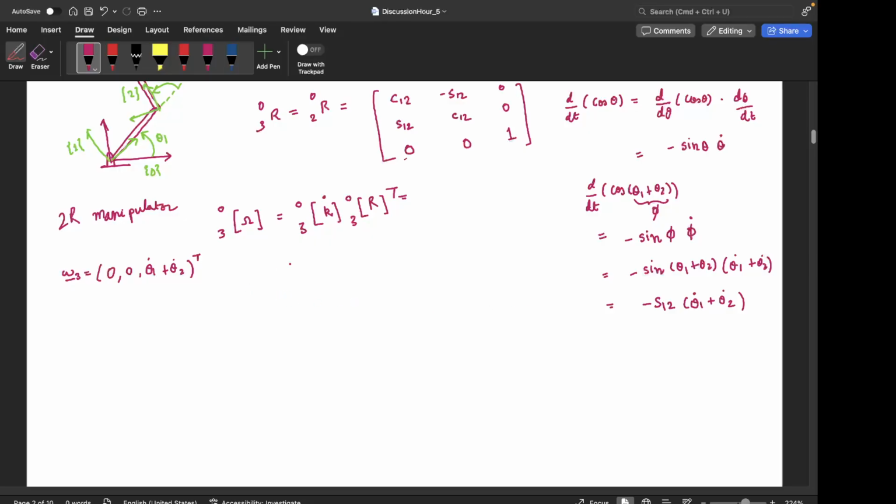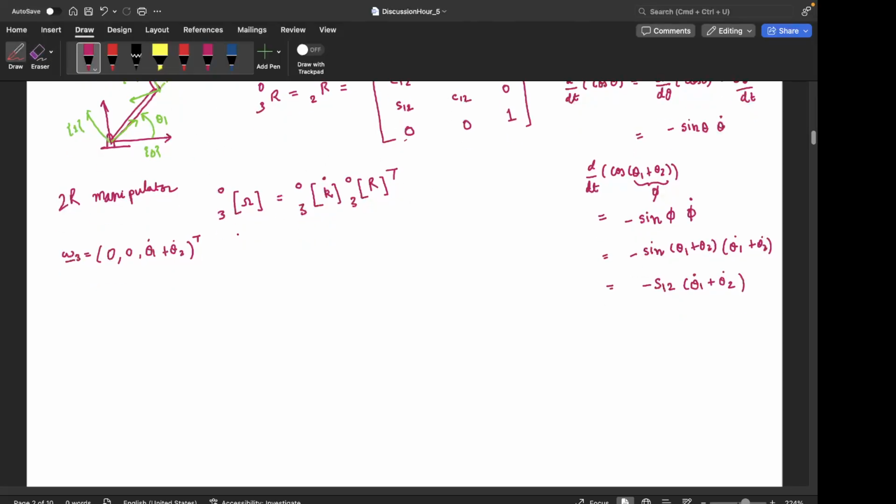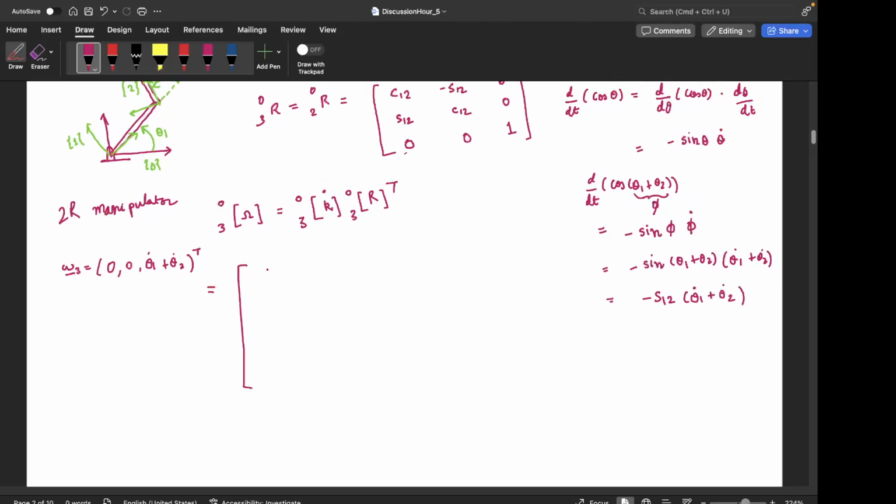So, this first term, now I'll quickly write all the terms. This would be minus s12 times theta 1 dot plus theta 2 dot.